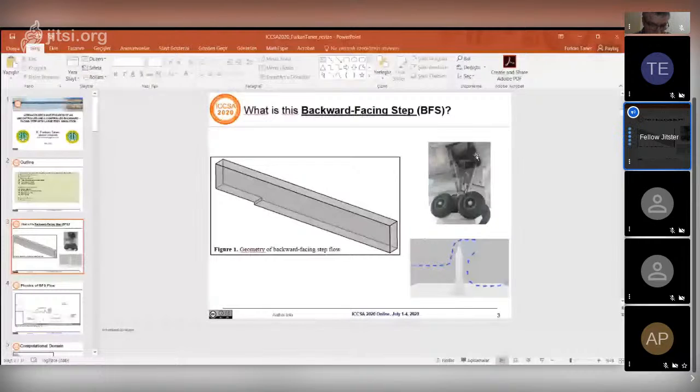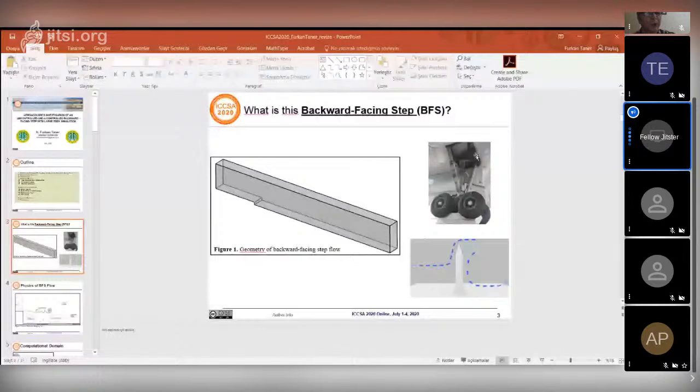The simplified geometry is shown on the left of the page. Physics of the BFS flow: when you look at the BFS flow, you're going to see flow separation, and the BFS flow field is divided into 4 regions.